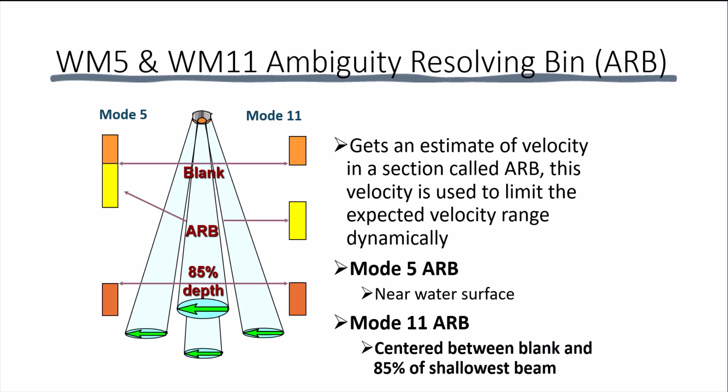The water surface and the stream bed are the more likely sources of shear, so water mode 11 is the default choice in these conditions because it locates the ambiguity resolving bin near the center of the water column. Occasionally, locating the ambiguity resolving bin near the surface, as done by water mode 5, may work better.